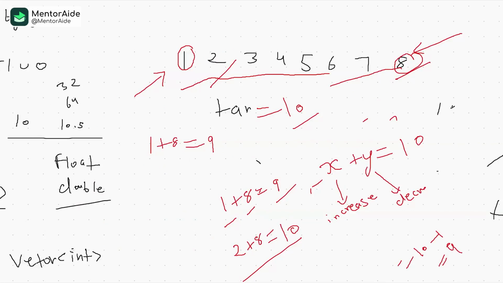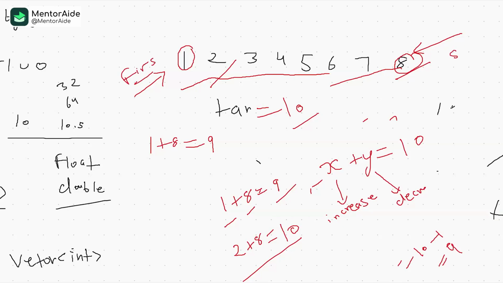Okay. Now, our given target is what? 10. So do we need to increase the value of the pair or do we need to decrease the value of the pair? Increase. So what should we do? This is the first pointer, and this is the second pointer.